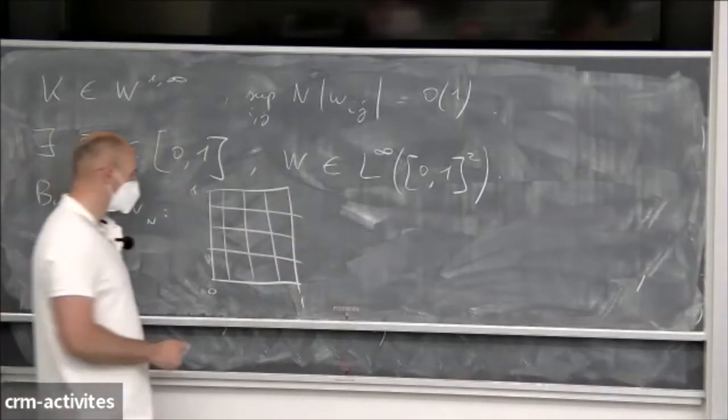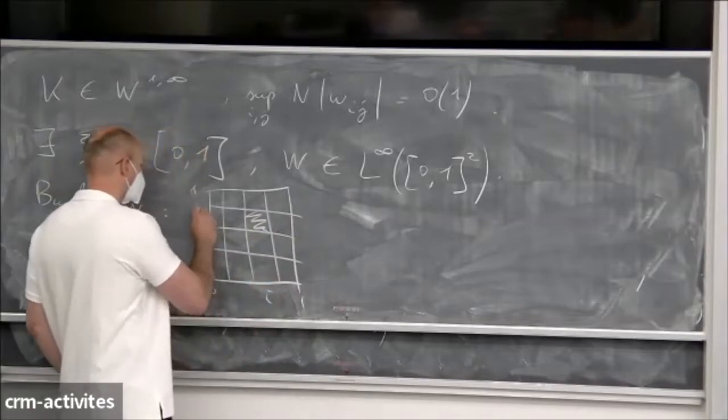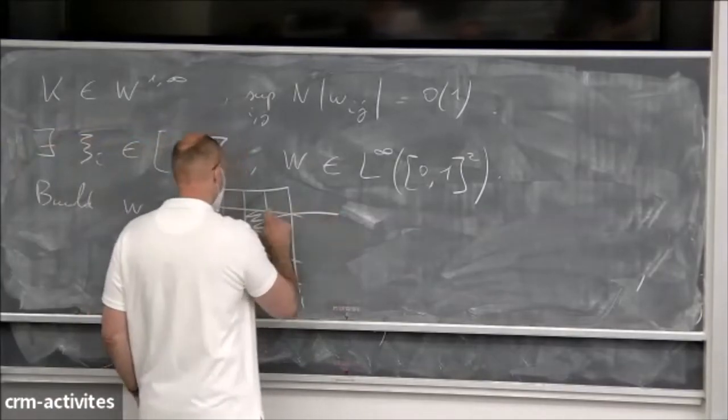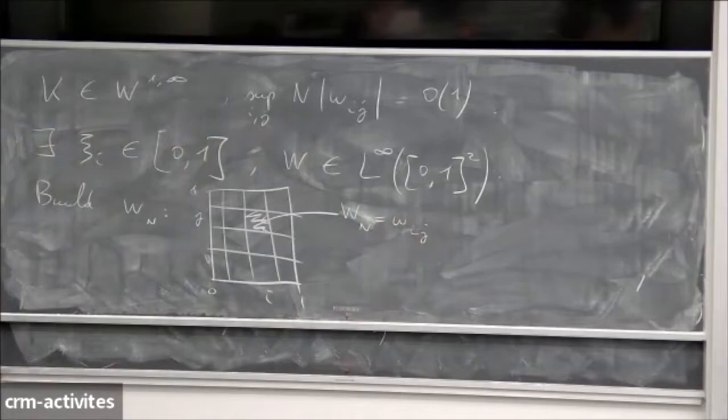And then in here, which corresponds to piece i and piece j, you put it piecewise constant equal to Wij. Then up to a permutation of the indices, we will have a convergence of Wn after permutation to W.